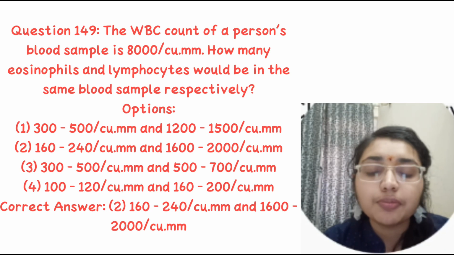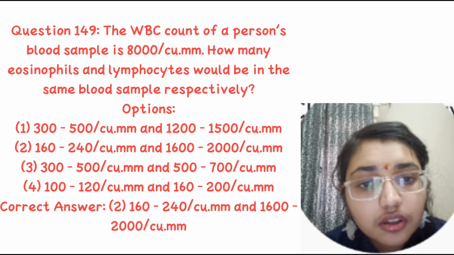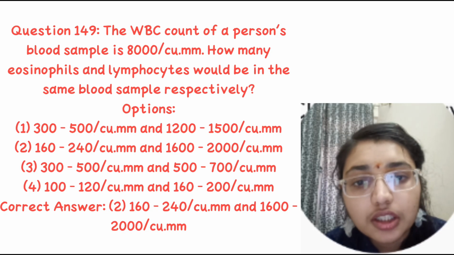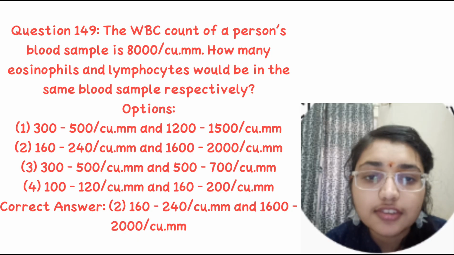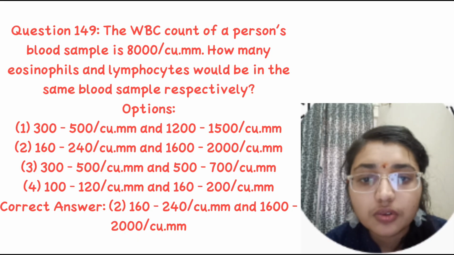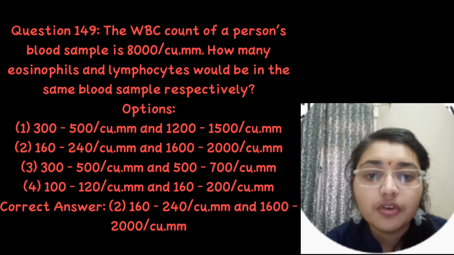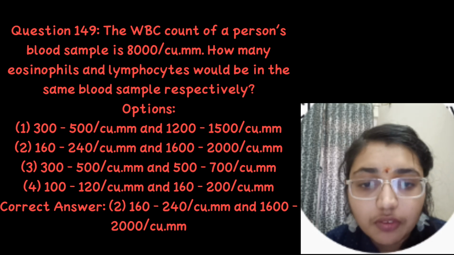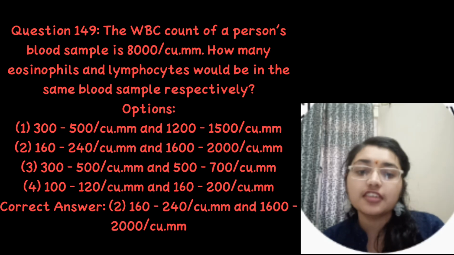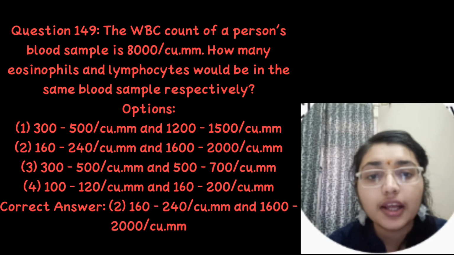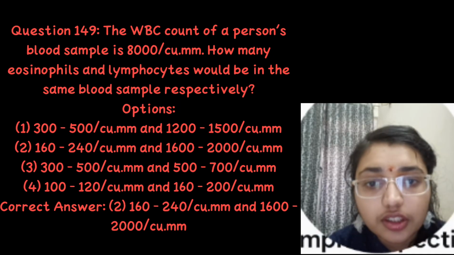The WBC count of a person's blood sample is 8,000 per cubic mm. How many eosinophils and lymphocytes would be in the same blood sample respectively? So the option 1 is 300 to 500 and 1200 to 1500, whereas 160 to 240 is the answer. So normal WBC count is 4000 to 11,000. Here it is 8,000.